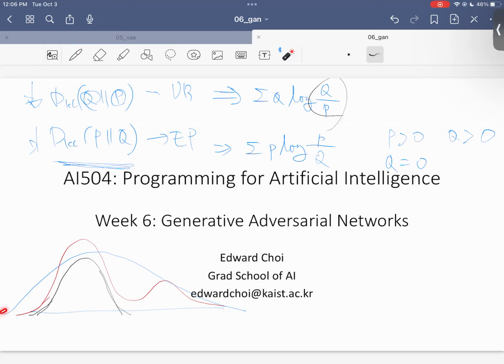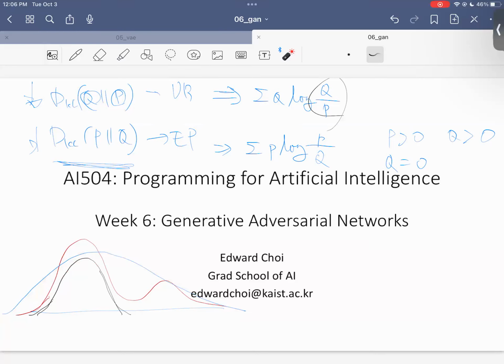PQ의 장점은 다 커버하기 때문에 아주 다이버스한 게 나오겠죠. P가 있는 곳에는 Q도 무조건 있기 때문에 P의 샘플들을 Q가 제너레이션 할 수 있는 능력이 있지만, 이런 갭이 생기는 거죠. 있지도 않은 곳에서 자꾸 샘플을 한다거나. 근데 QP의 장점은 Q가 만든 것은 무조건 P 안에 있다는 거예요.